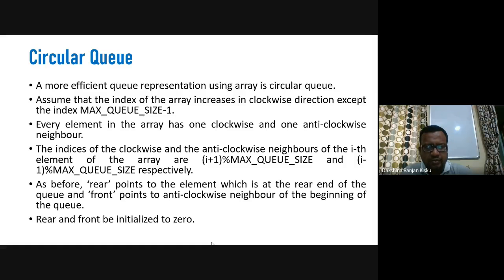However, here we consider the queue to be circular. Initially, when the queue is found to be empty, the rear and front are initialized to 0. That means when the circular queue is empty, we can initialize both rear and front to be 0.